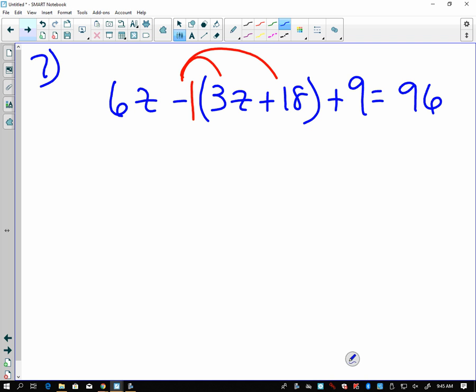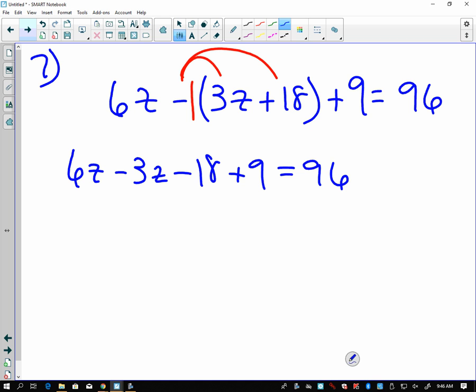I want to rewrite the whole question. 6z minus 3z. Could I just write minus 18? Okay. Equals 96.